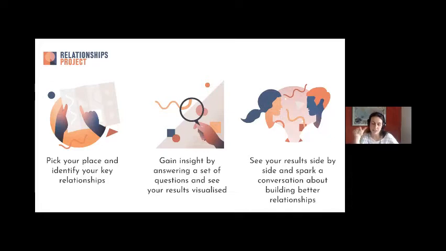Firstly, we're going to ask you to pick a place and a set of relationships that are important in that place. Your place might be an organization, it might be a service, it might be an online network or a physical location. This tool is designed to be place agnostic, so to work in all different types of setting.